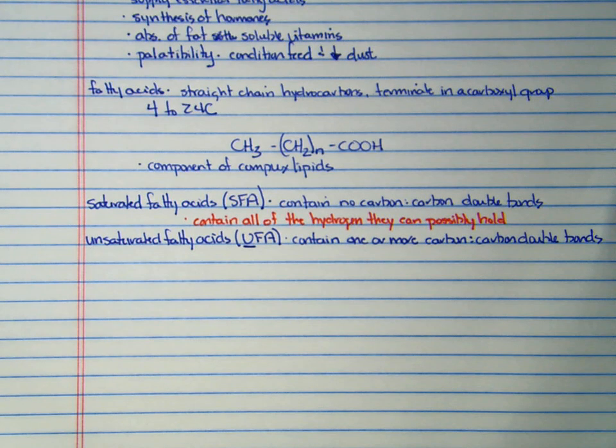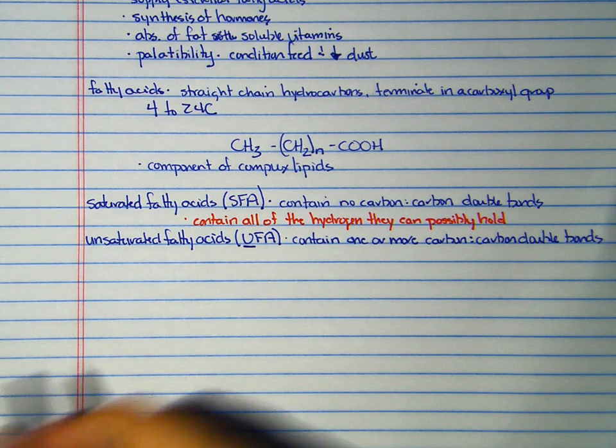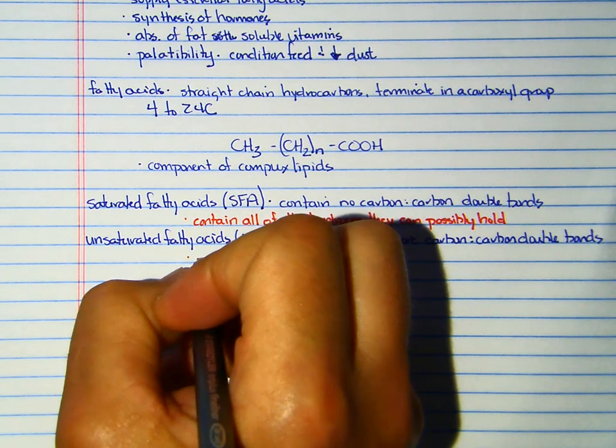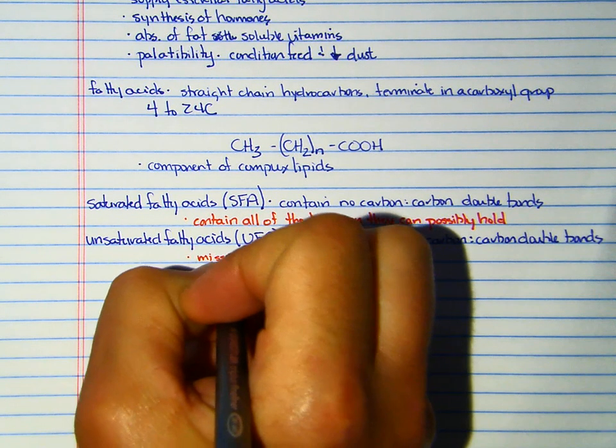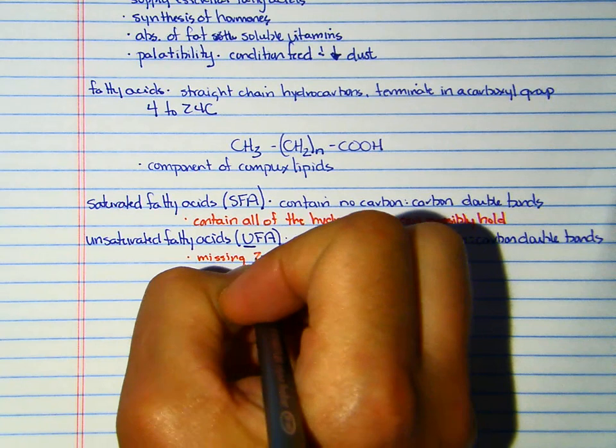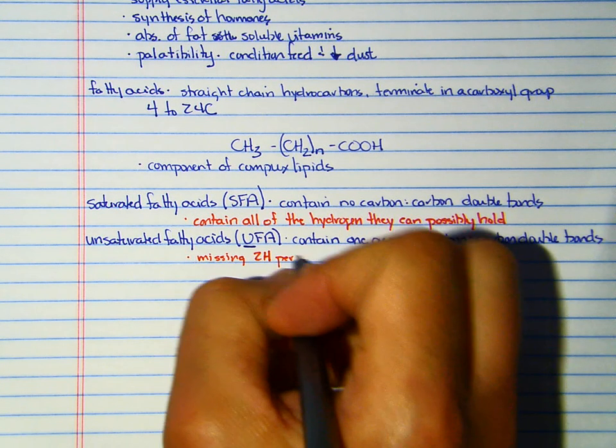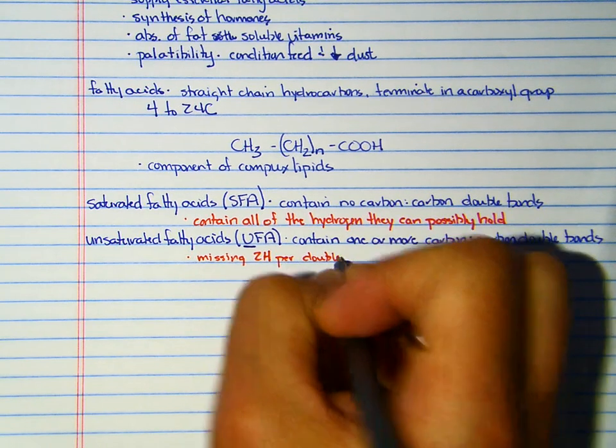And in red, we'll write that they are missing two hydrogens per double bond.